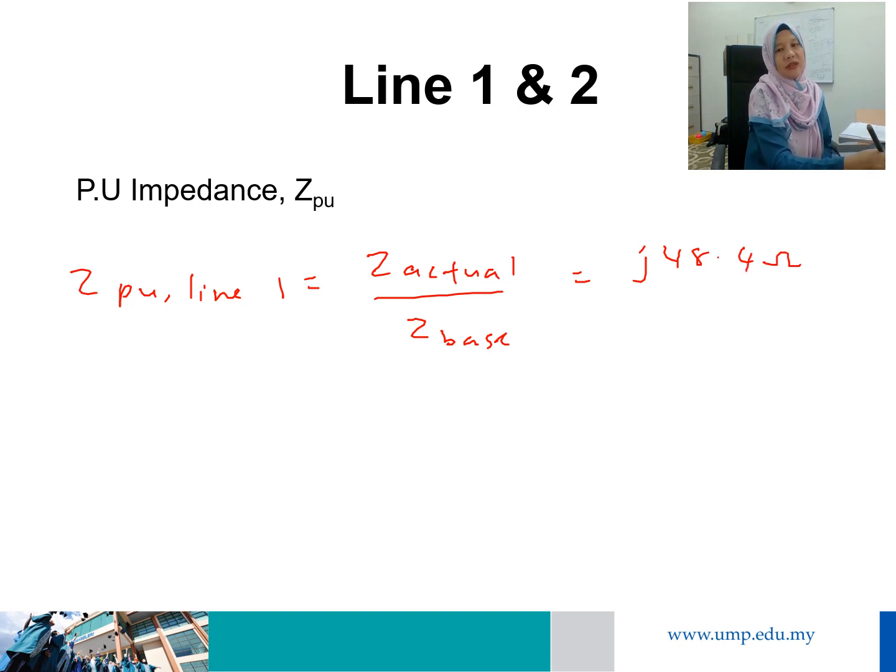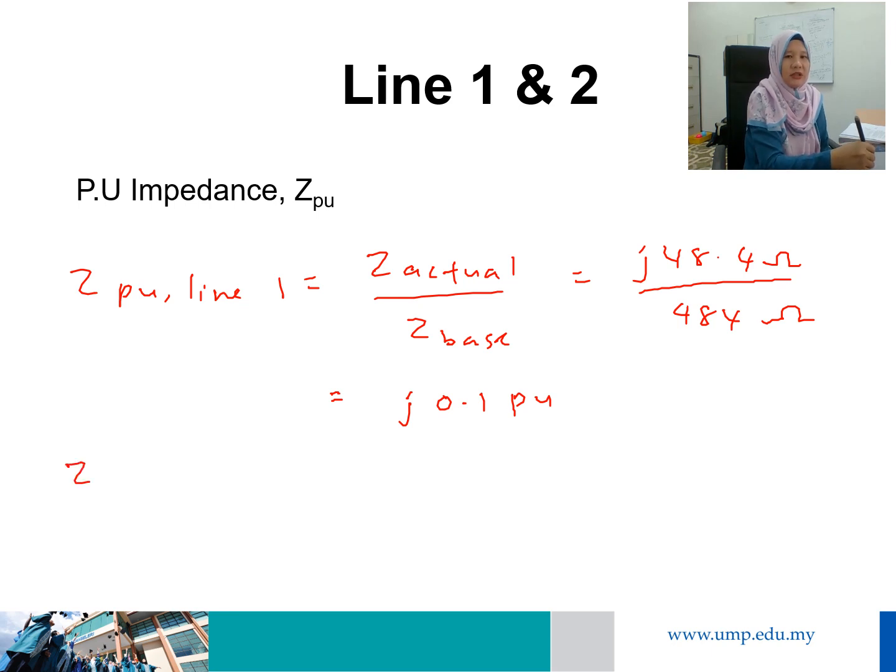This is actually the actual impedance due to inductance at transmission line 1, divided by the Z base, which is 484 ohm. And thus we get the impedance in per unit for transmission line 1 equal to j0.1 pu.